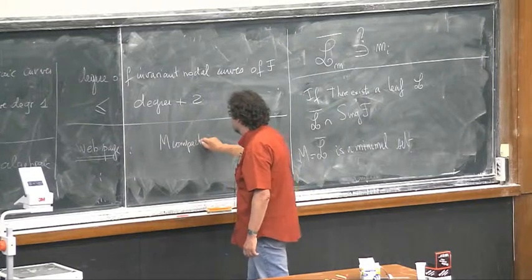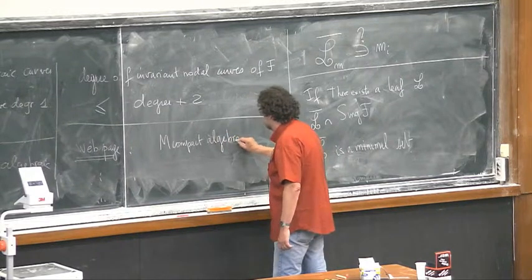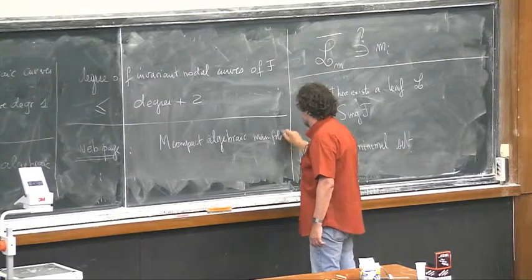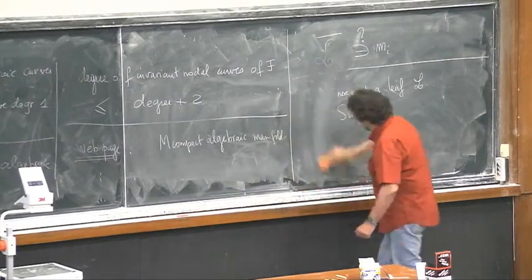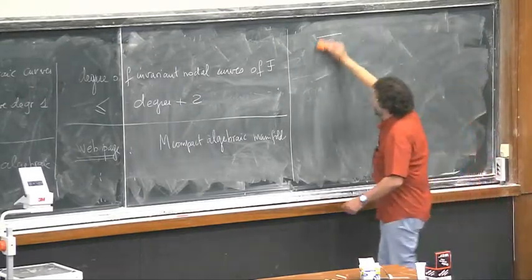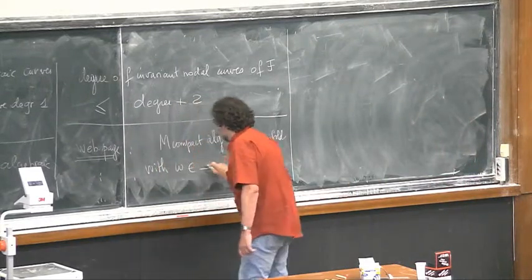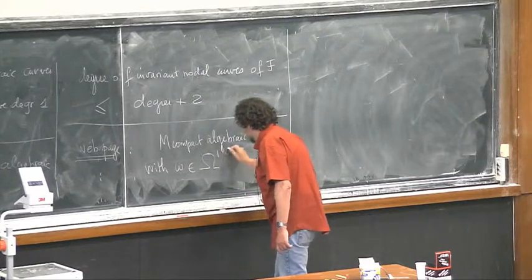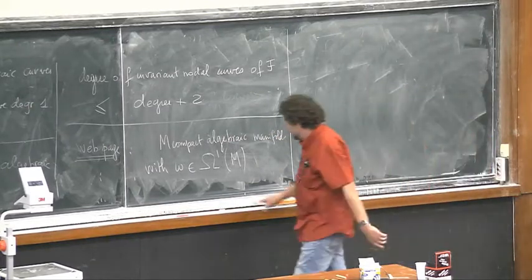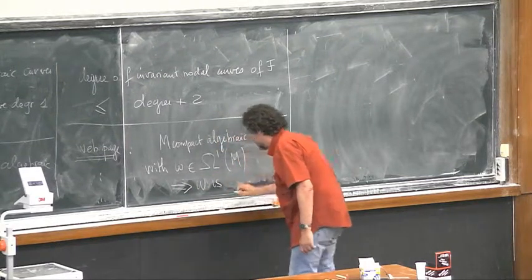Kähler manifold, or compact algebraic manifold if you want, and it suffices to have Kähler, and if you take a global holomorphic one form, then omega is closed.